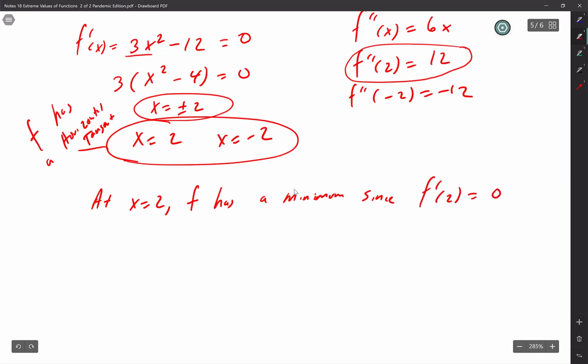You need both conditions. And f prime prime of 2 is positive. You need both conditions, guys. Wait, I thought. Oh wait, never mind. Yeah, you must have both conditions for it to be a minimum.